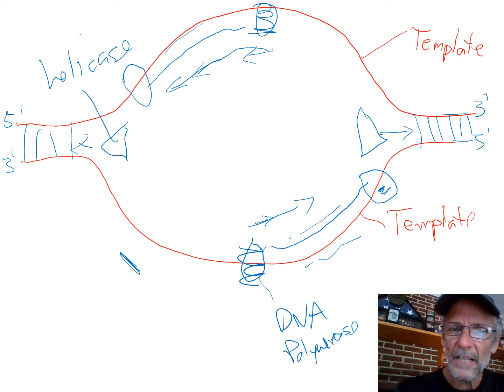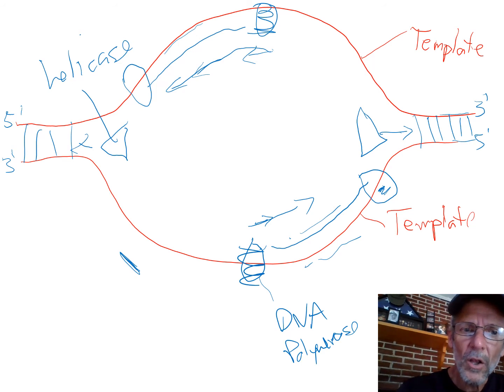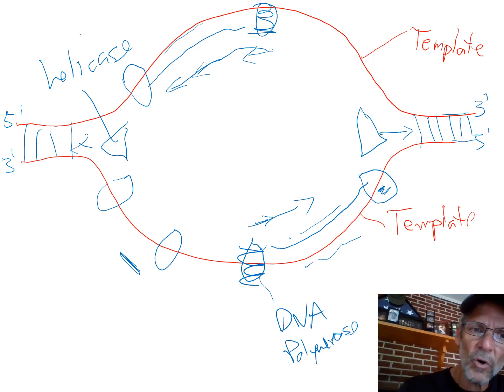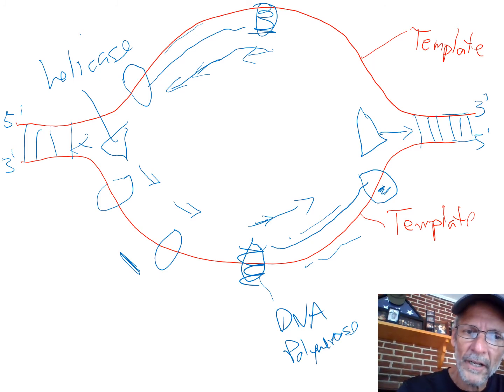Okay, so now what's happening over here behind it? Well, behind it, as this continues to unzip, new polymerases jump on. I'm going to put 2 of them here. They jump on and they start working along the template strand in the only direction that they can. And as time goes by, again, they're going to move. So this one right here, let's say it started over here.